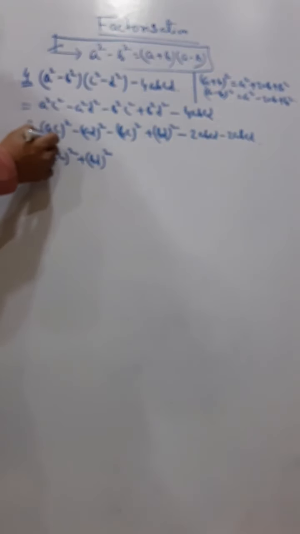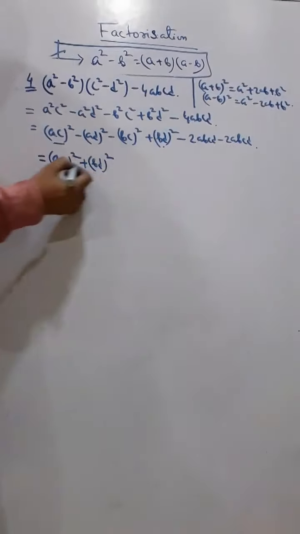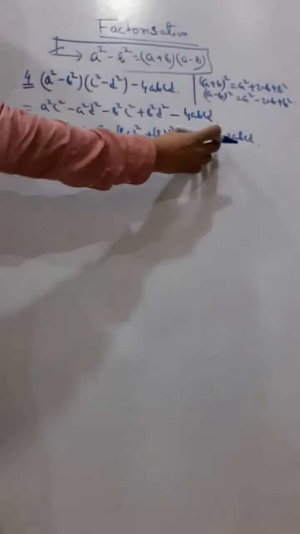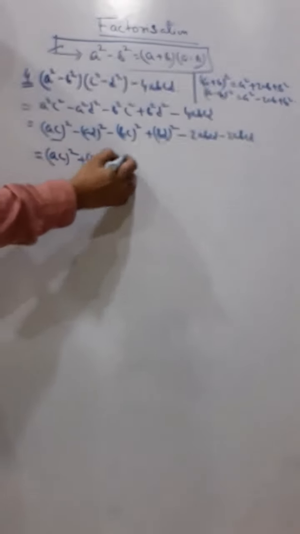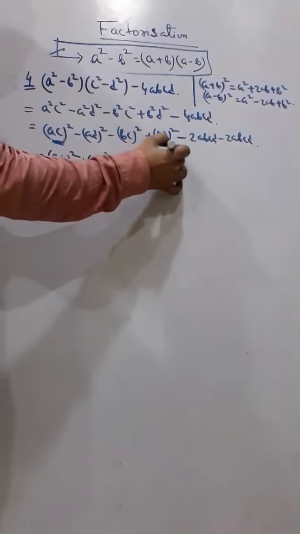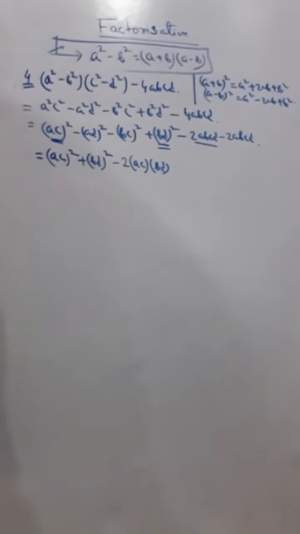So what I have done, I have taken this, and then take one 2abcd, and here you can see a means ac square and b means bd square. So write in this format 2 ac and bd. So I am writing 2abcd in this way. What is left now? I have taken this, I have taken this, and I have taken this one.